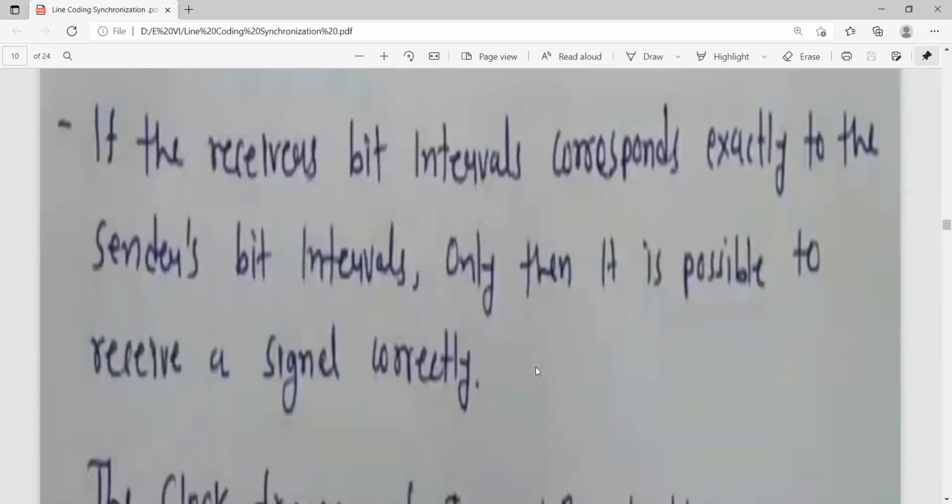If the receiver's bit intervals correspond exactly to the sender's bit intervals, that is, the time interval of the sender's clock is equal to the time interval of the receiver's clock.